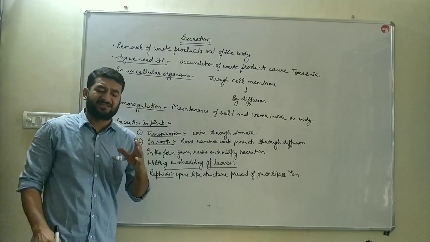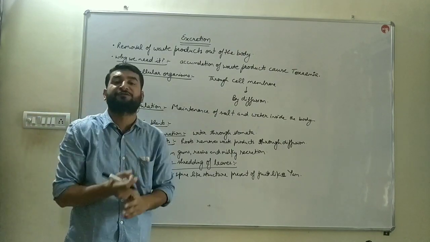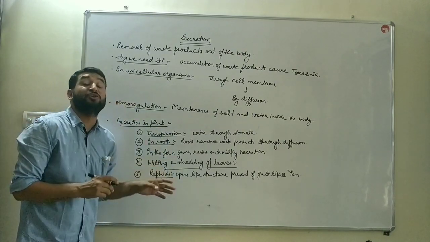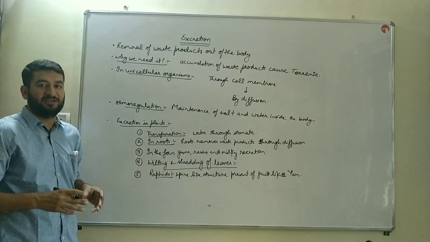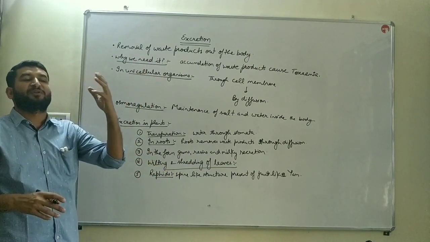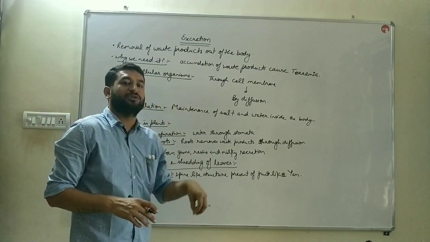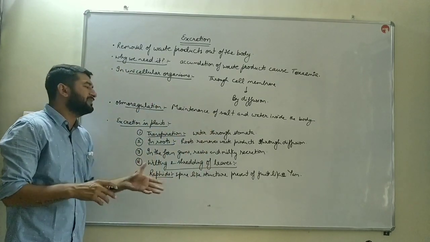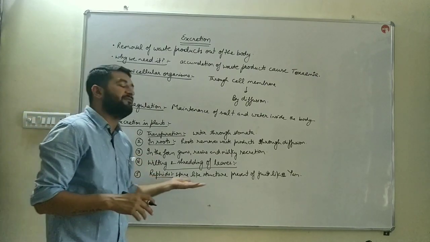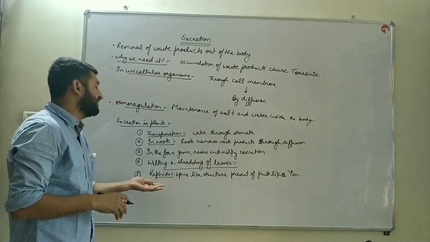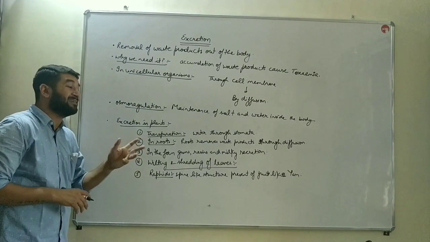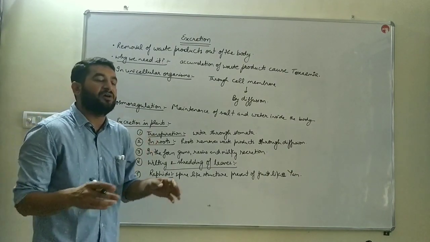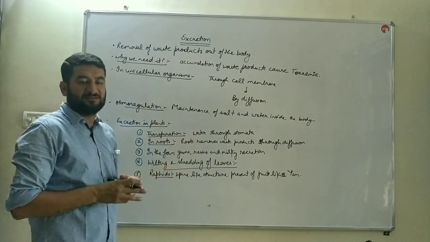Those raphids are spine-like structures present over the peel of the fruits. They actually contain the waste products. When the fruit is taken from the plant or falls off from the plant, along with that fruit the waste products in these spine-like structures are also removed, also excluded by the plants.